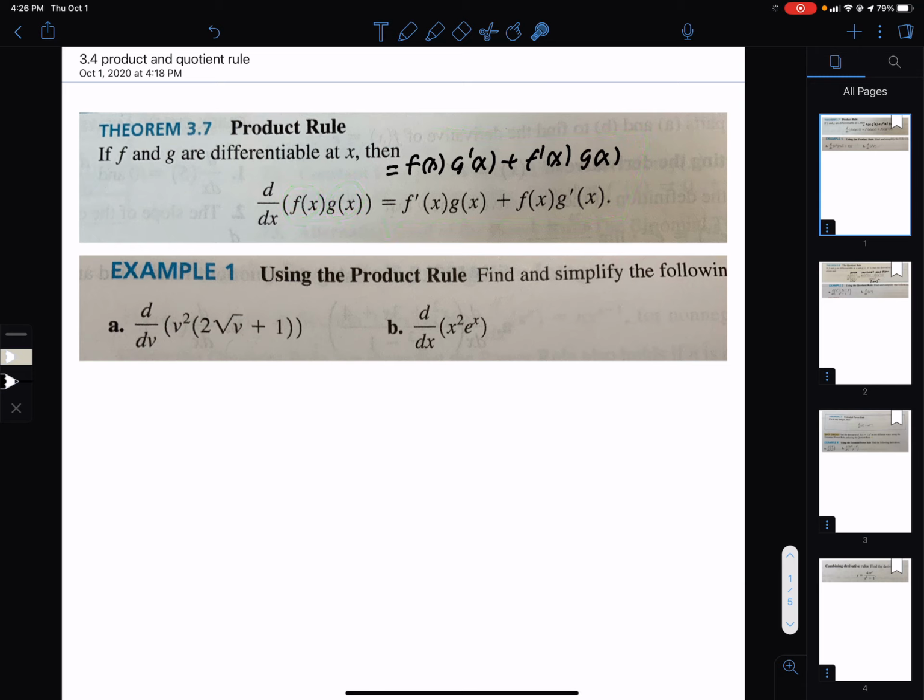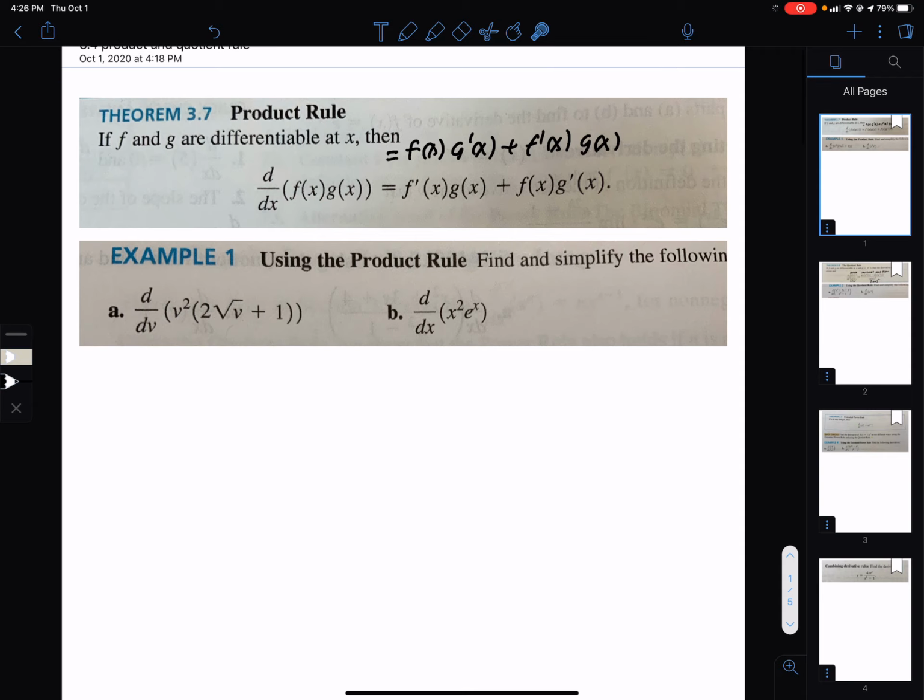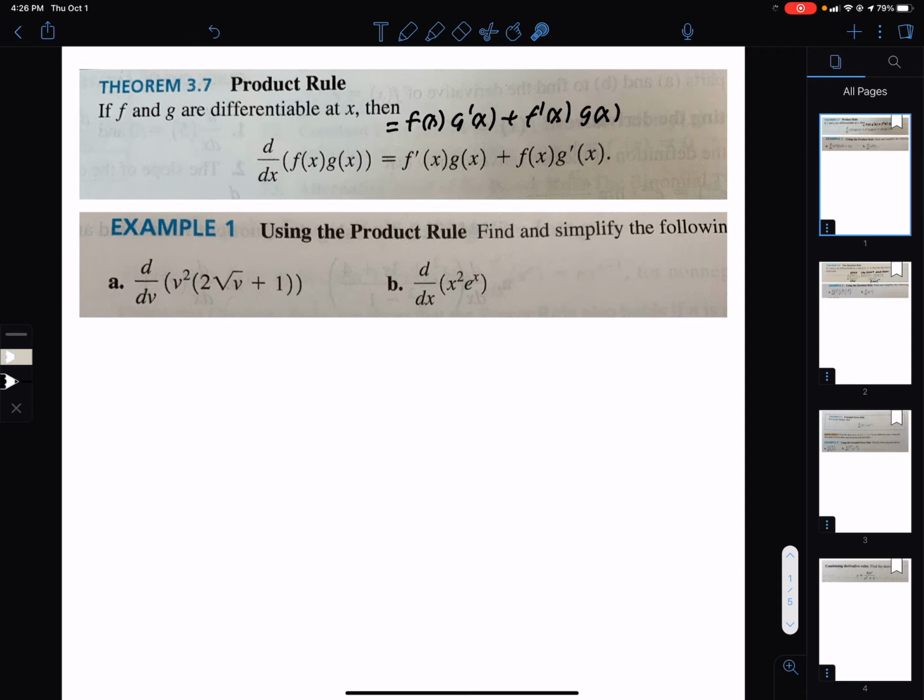So here are some examples that we need to try, and you can pause and try it on your own, and I will work this out. So here's how we're going to do it. We'll consider this function f.